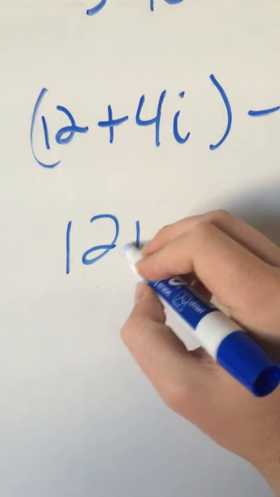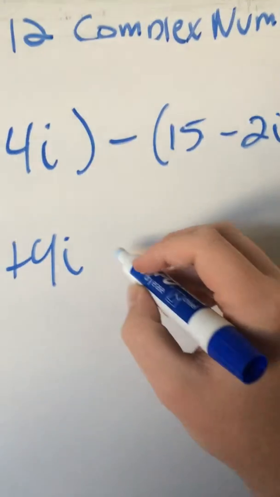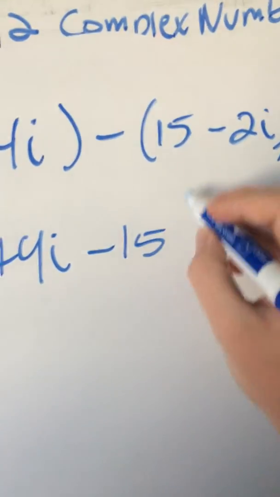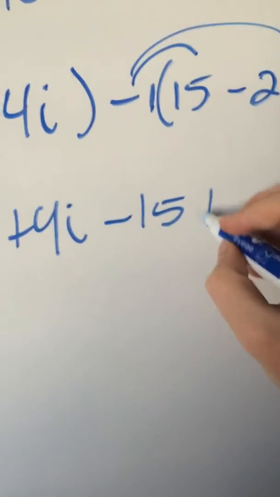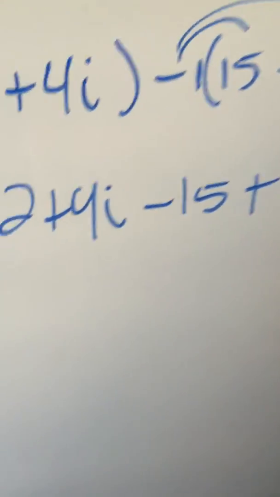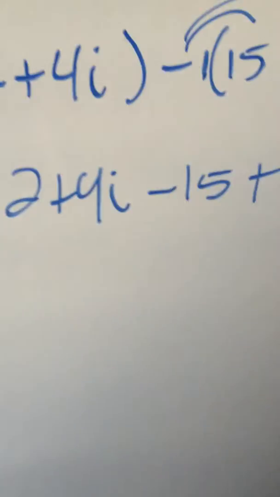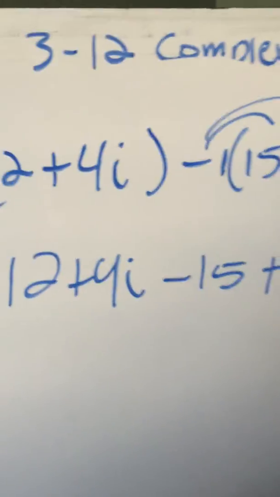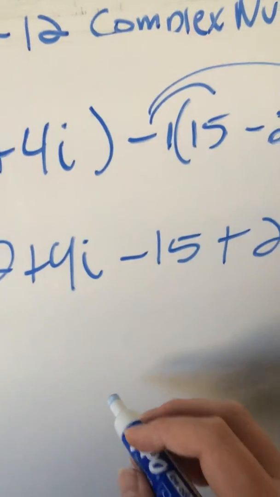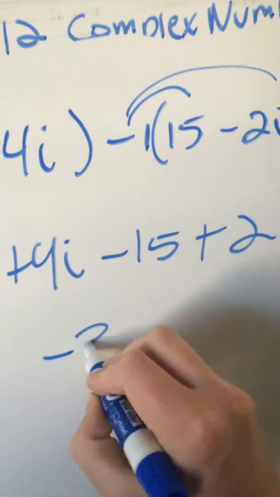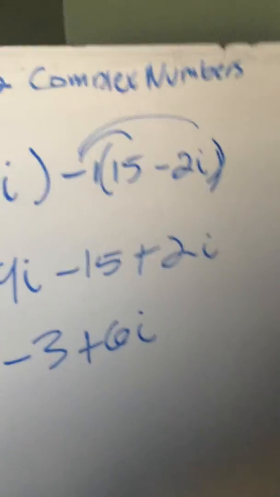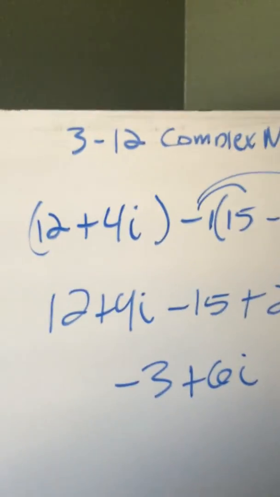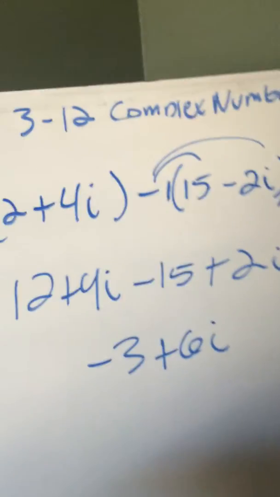So 12 plus 4i, then minus 15, and since this is -1 and you're distributing it, it would be plus 2i. And so you combine like terms. You have -3 plus 6i. That's our answer.